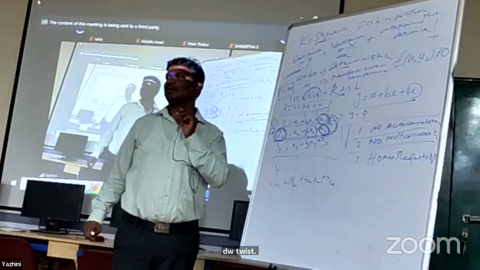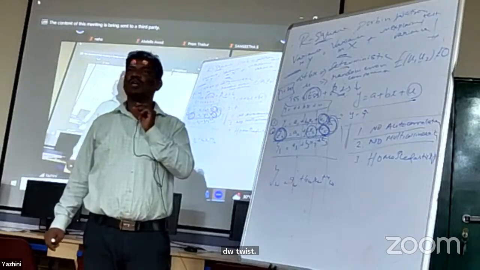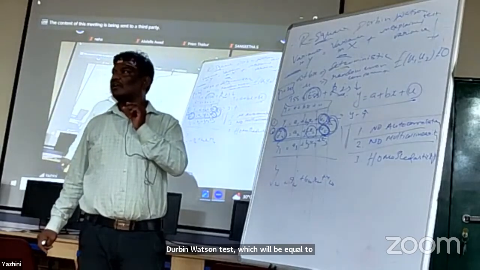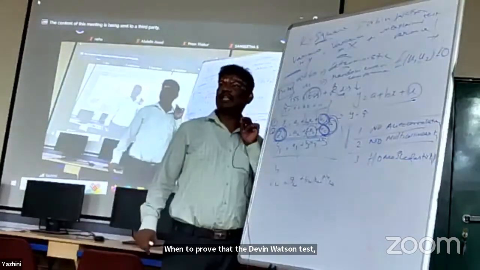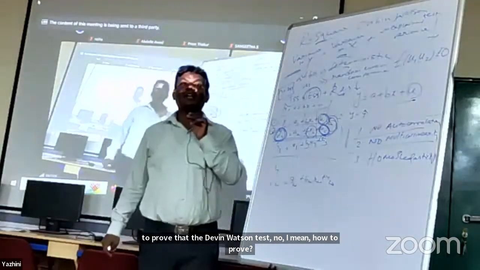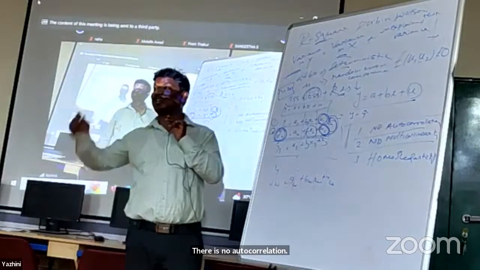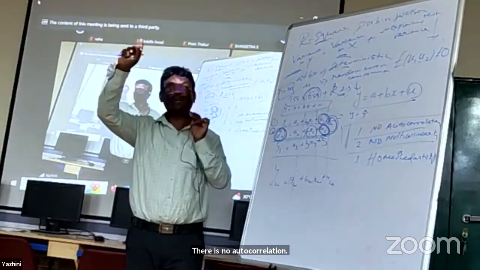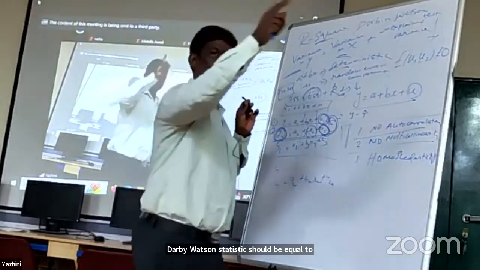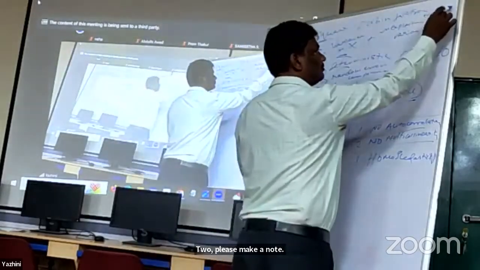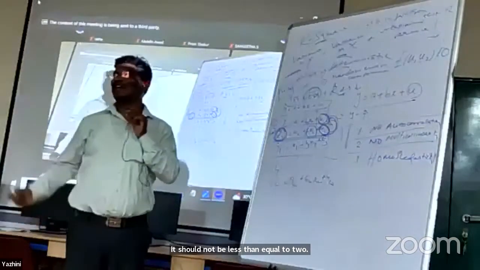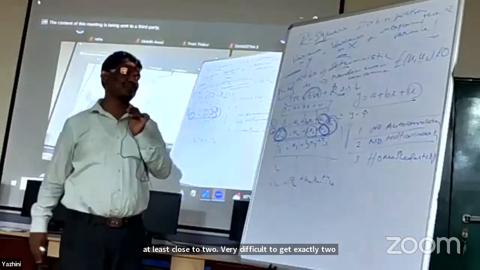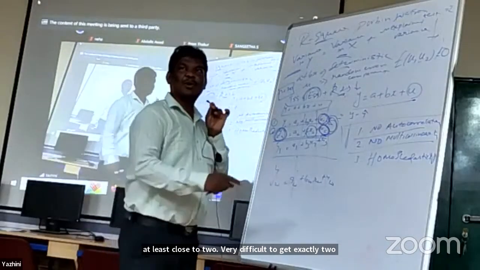To prove there is no autocorrelation, the Durbin-Watson statistic should be equal to 2. Please make a note. It should be equal to 2 or at least close to 2. It is very difficult to get exactly 2, at least close. Okay, so this is about autocorrelation.